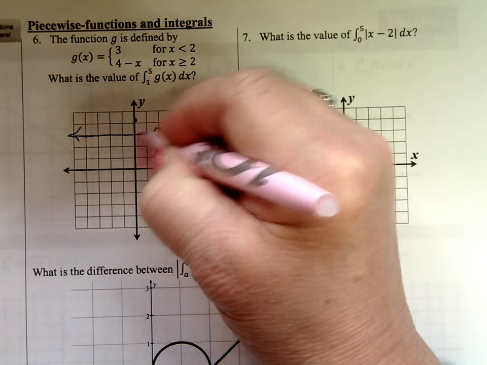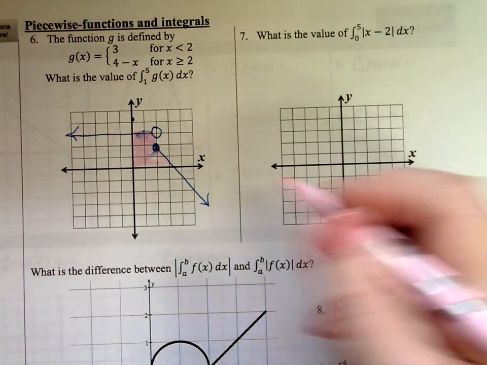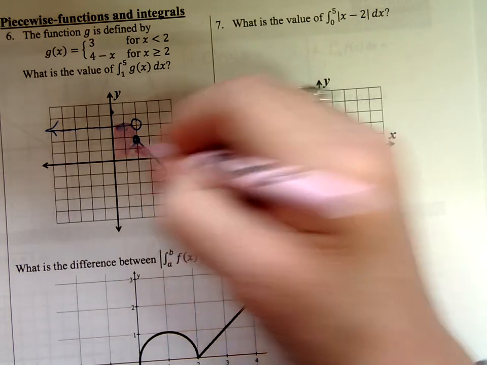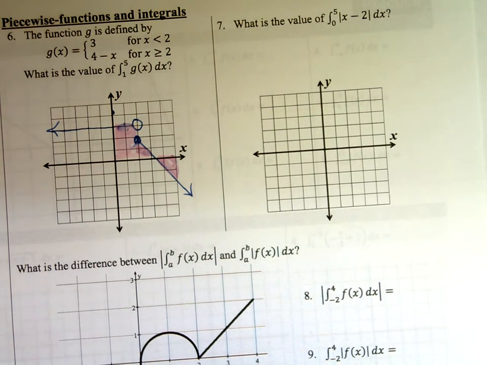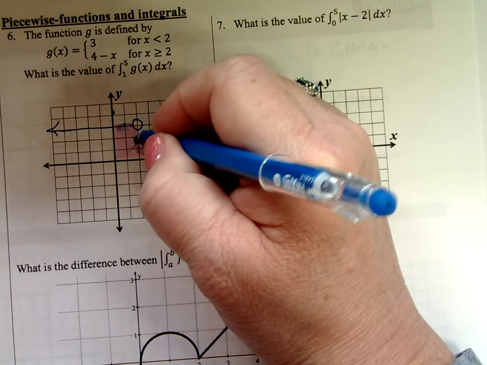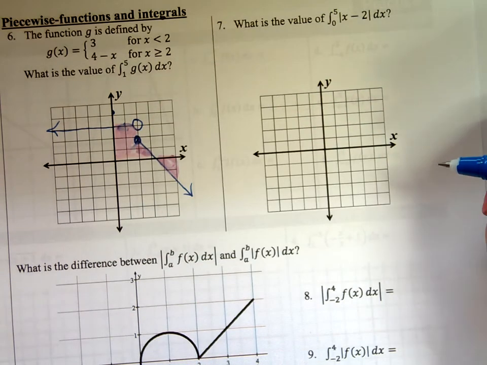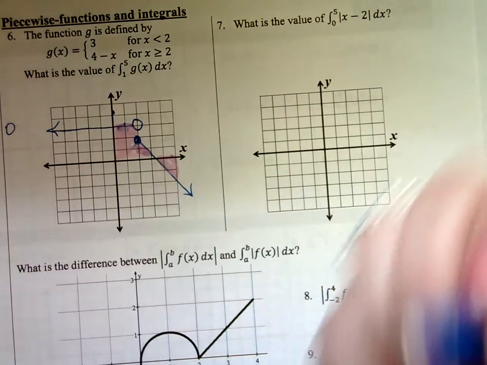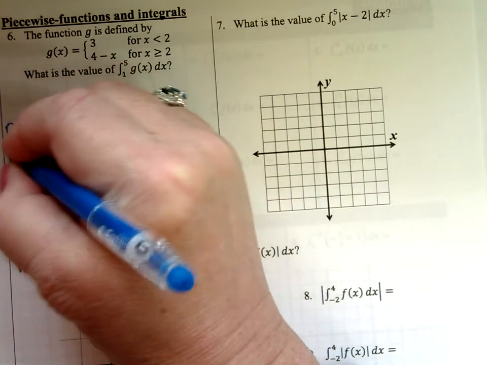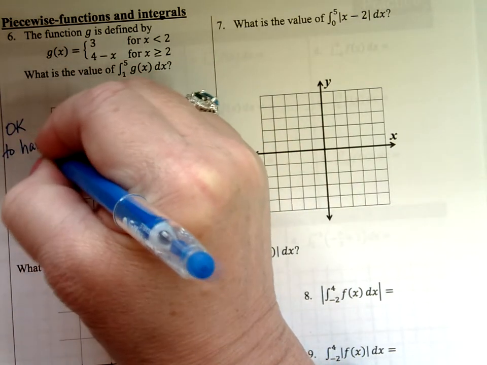Even though there's a gap right there, you can still calculate out its area in that little region. This graph goes to 5. Even though there's a hole going on in between there, you can still calculate out that area. So it's okay to have a gap.